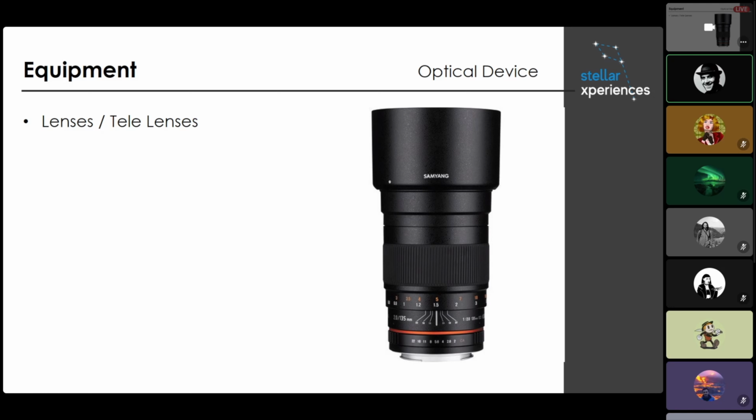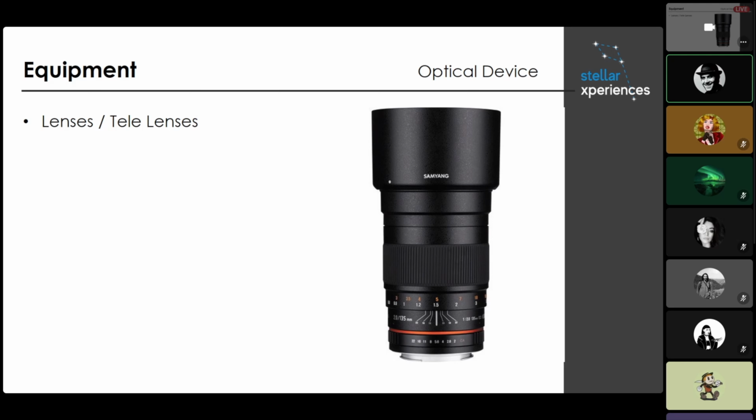For instance, I have friends who shoot with 35 millimeter, 50 millimeter, 85 millimeter, and 100 millimeter focal length lenses. They shoot some awesome astrophotography. So let's break this misconception that you need a big telescope or high focal lengths.